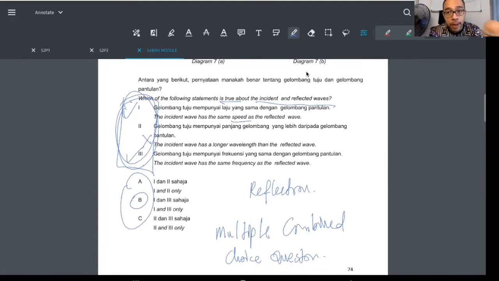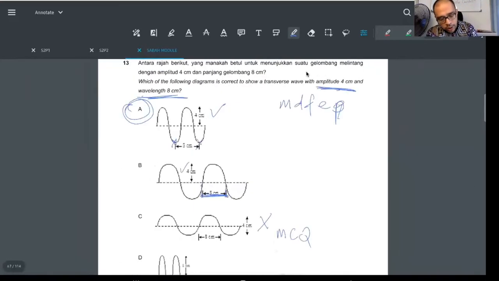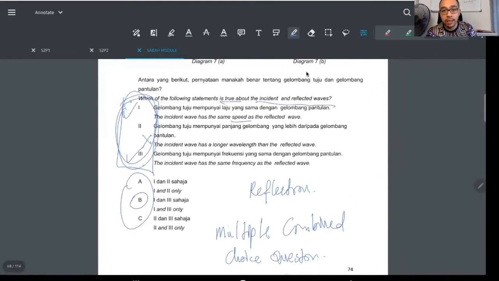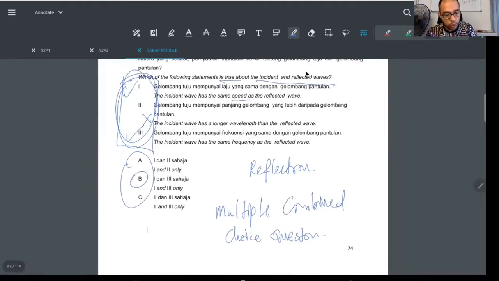In paper 1, between 36 to 39 questions will be multiple choice, and the multiple combined choice is between 1 to 4 questions. Minimum 1 question like this, maximum 4 questions will be like this.